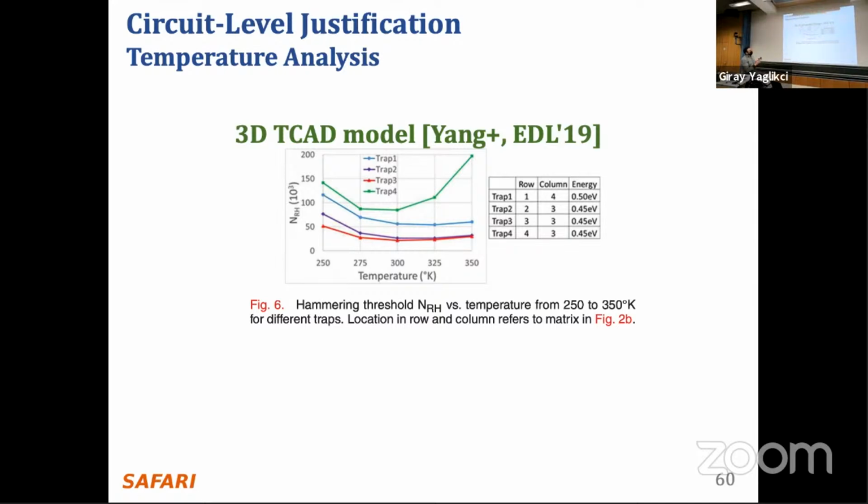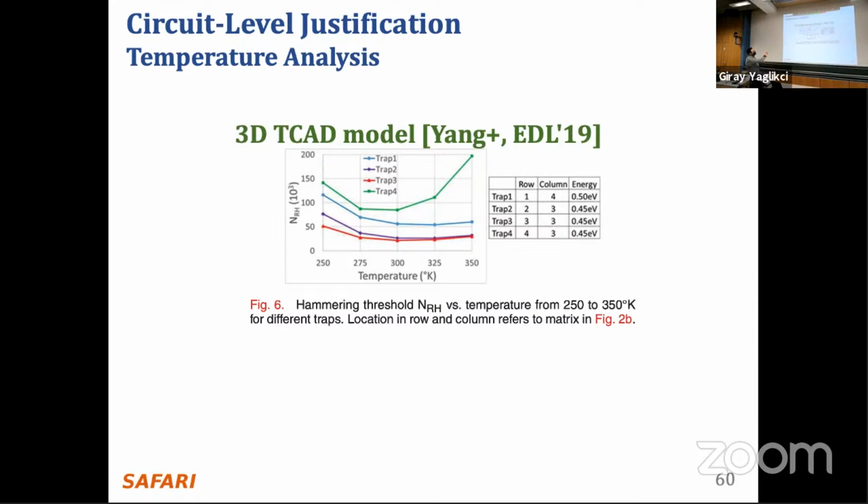On the x-axis it's the temperature, and on the y-axis it is NRH in their terminology, which is HC first. In our terminology, it's the hammer count you need to reach to induce a bit flip.